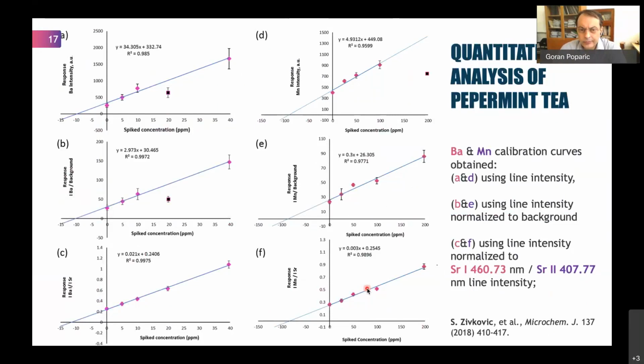The second one, we used the line intensity of the analyte normalized to the background. And the third one, we used the line intensity normalized to a line that is present in the spectra and is available naturally in the sample, which in our case was strontium.